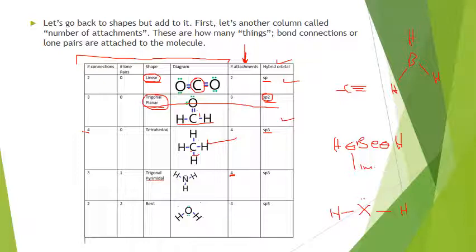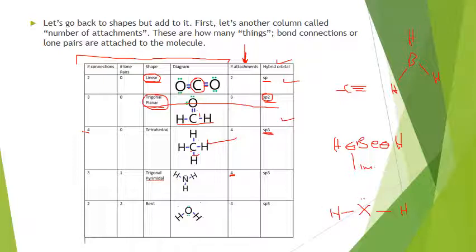Okay, in this case, this has 4 connections, and they could be all bonds, or they could be lone pairs or bonds, and we'll see in a second. The hybrid's going to be sp3.